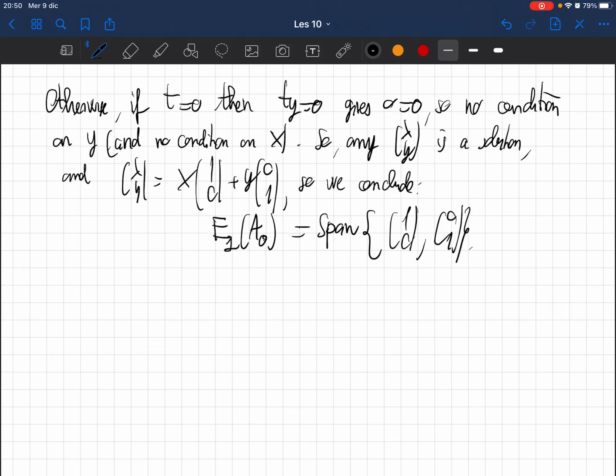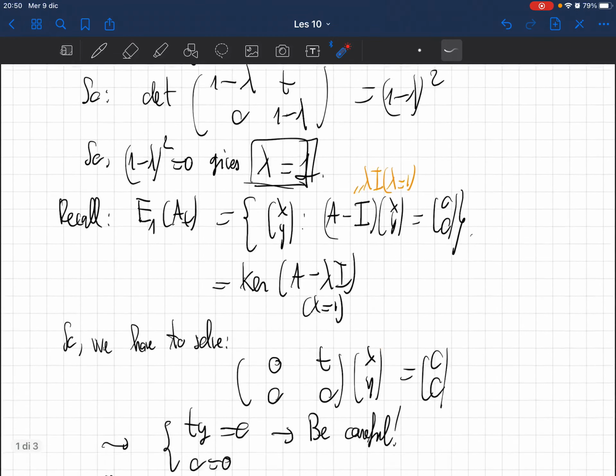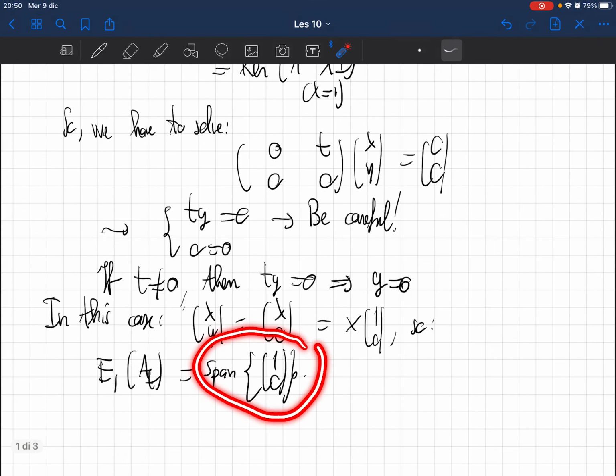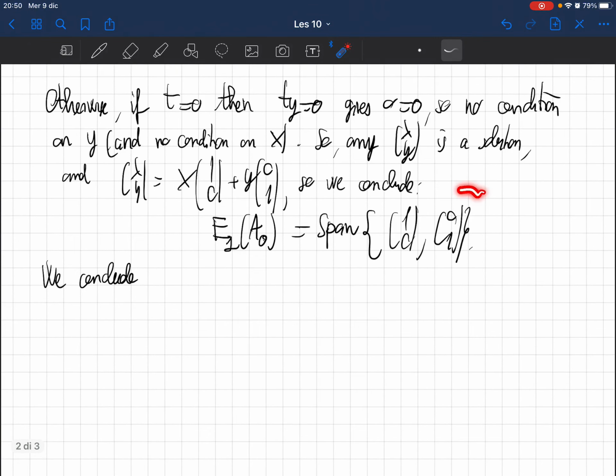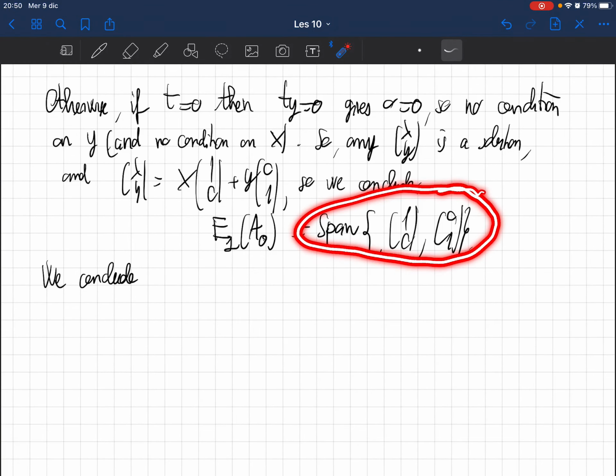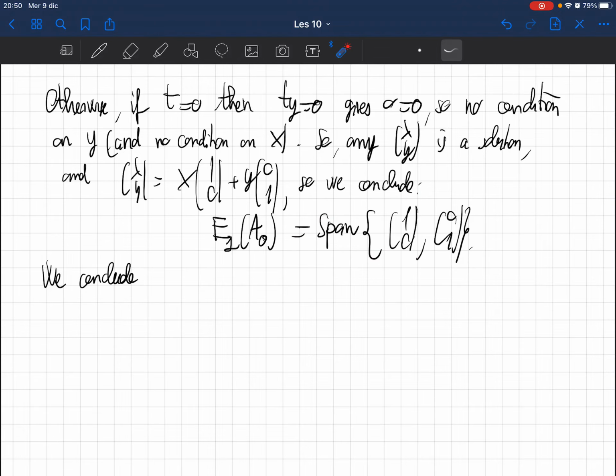We know from the theory that we need a basis of eigenvectors. So if t is different from 0 here, we just have one eigenvector, so it's not enough to make a basis. Whereas here, we actually have two eigenvectors.